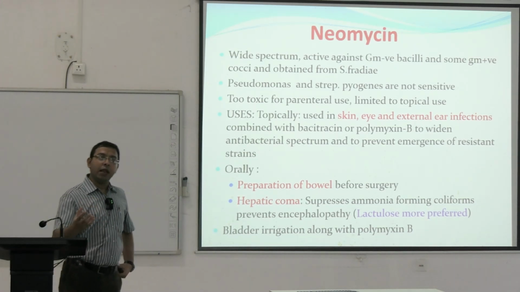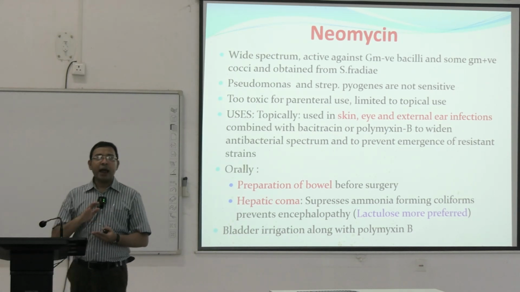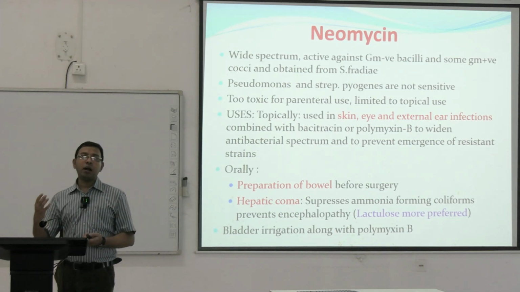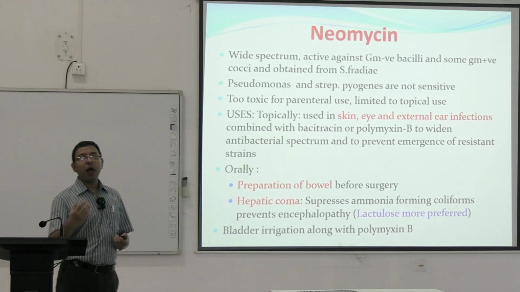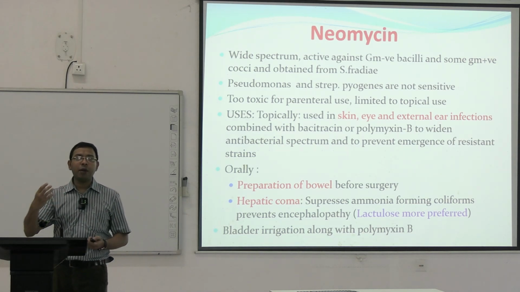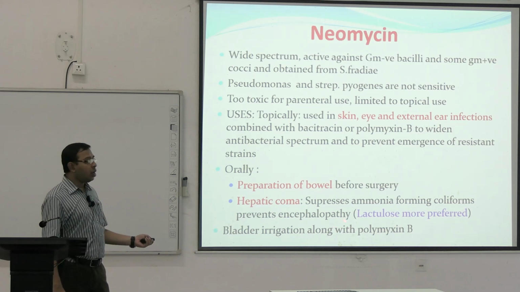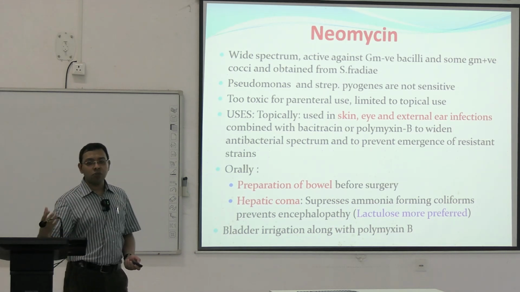The mechanism is similar. When we use oral neomycin, that causes sterilization of the gut, which mainly suppresses the ammonia-forming coliforms, because when there is hepatic coma or hepatic compromise, there will be more ammonia generation from these coliforms. So in case of hepatic encephalopathy, we use lactulose first, and if it is not responding, we can use neomycin.